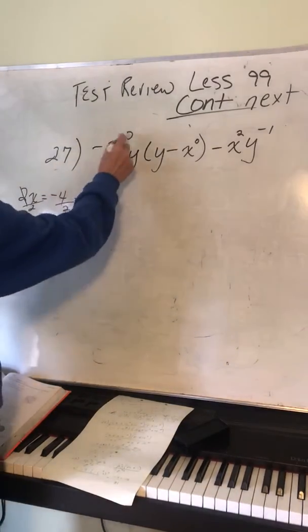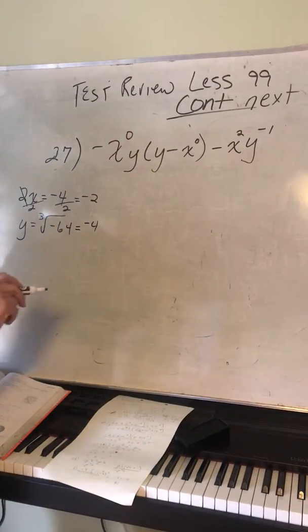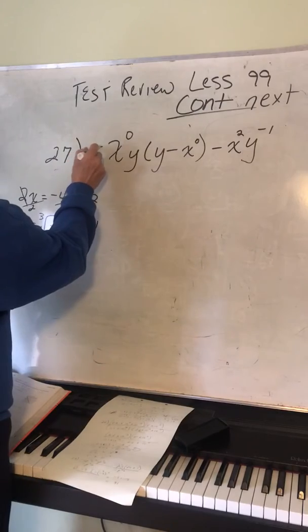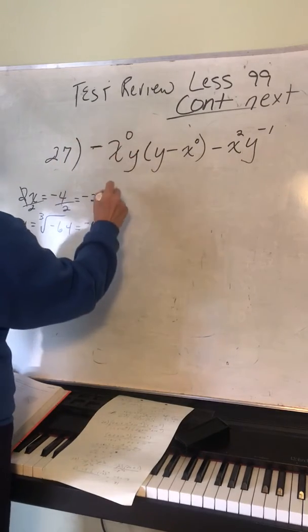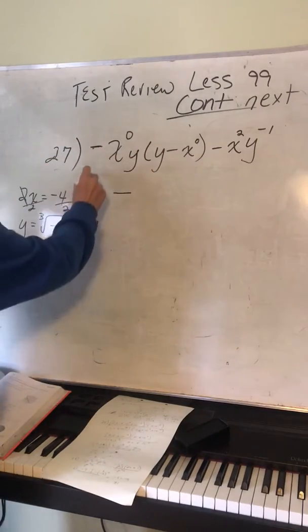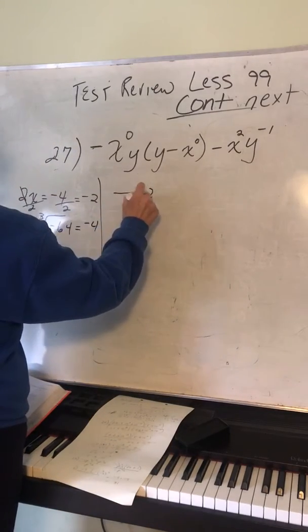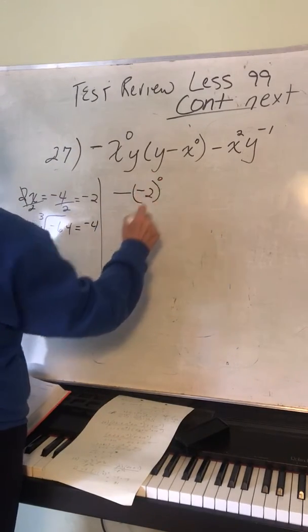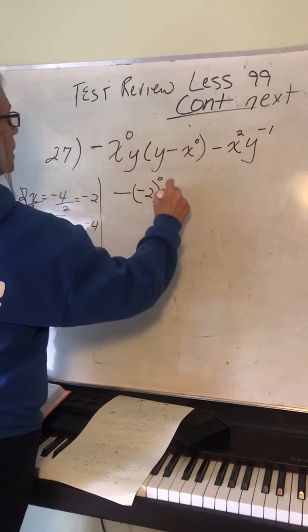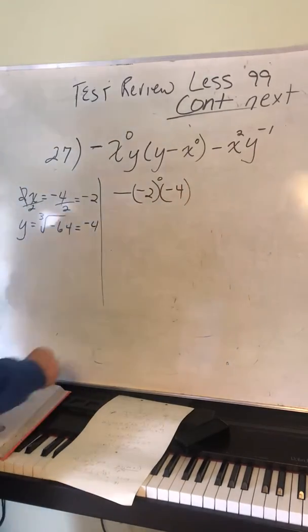If we put a -2 in here, let's just go ahead and do it. We have a negative here already. So x is -2, so you're going to put in -2 to the 0 power. Your y is going to be -4. Remember your zeros.